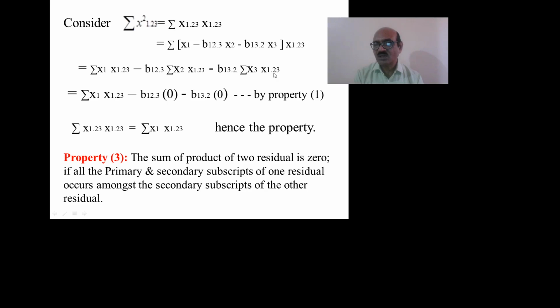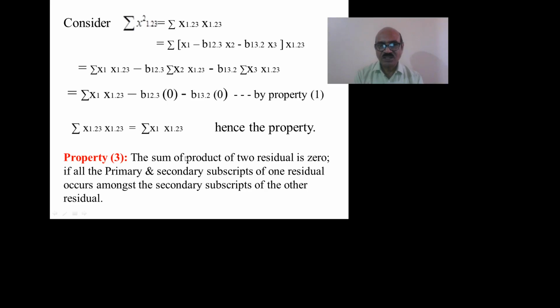Now this 3 occurs in the secondary subscript, therefore this is 0 by property 1. 2 is here in the secondary subscript, therefore by property 1 this is also 0. So this I have written in here. We are remaining with only this one, x1 into x1.23. The secondary subscripts occur in the secondary subscript, therefore you can eliminate one or both the subscripts of the first, so that we have deleted all the secondary subscripts. So this is the second property.